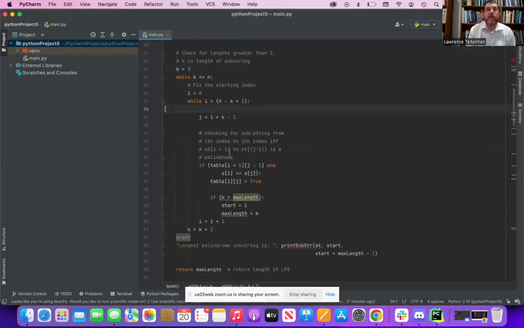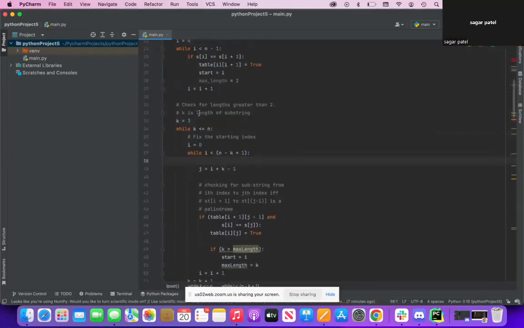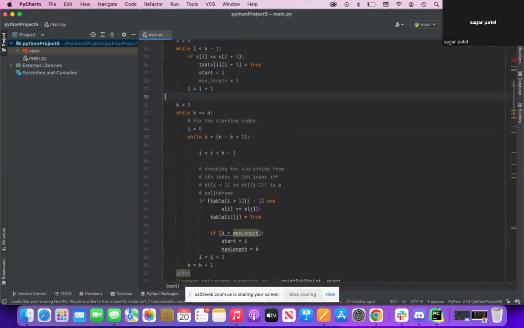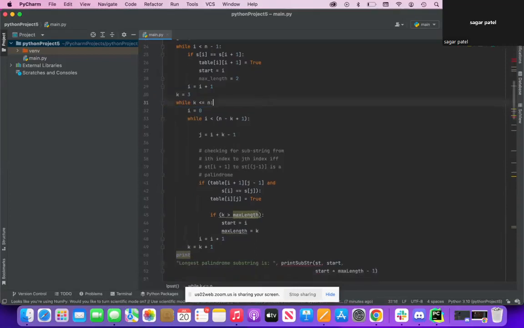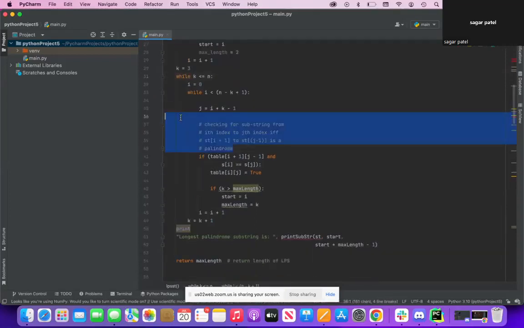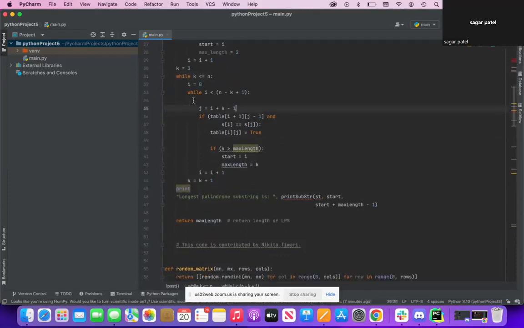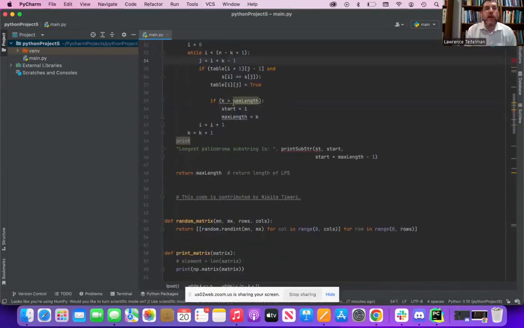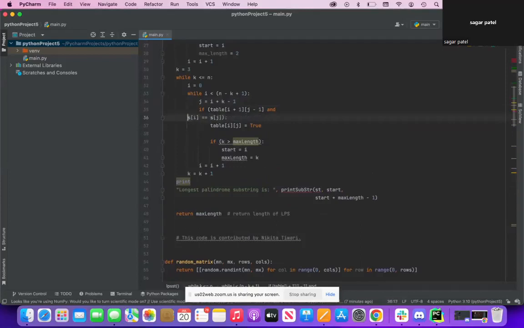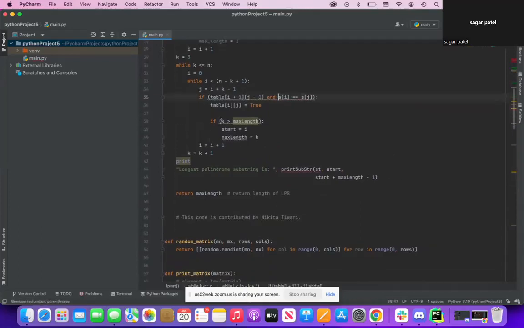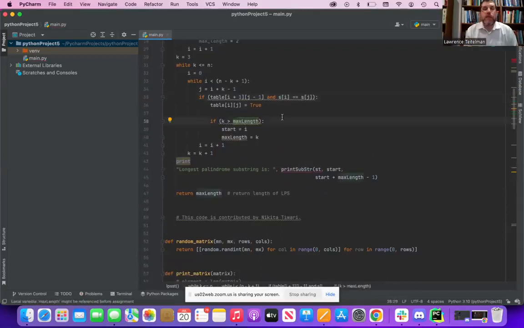Now go up, keep it in order. It combined those two lines, 35 and 36. Okay, get rid of the redundant parentheses.